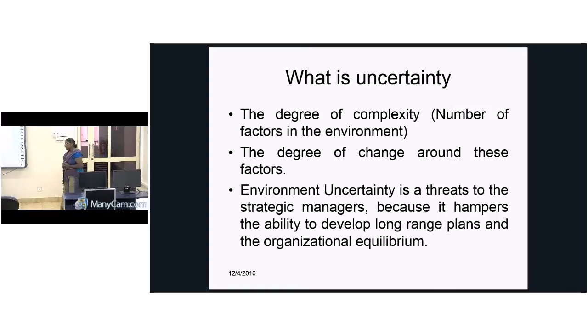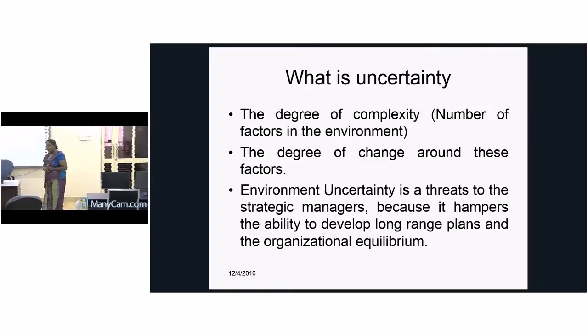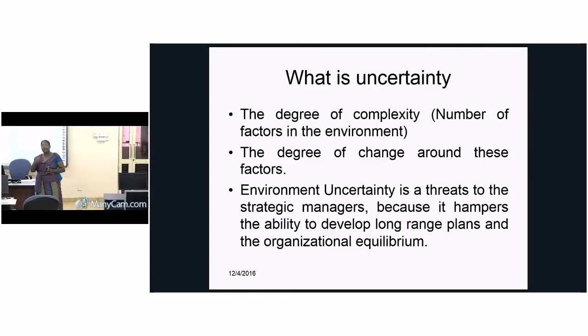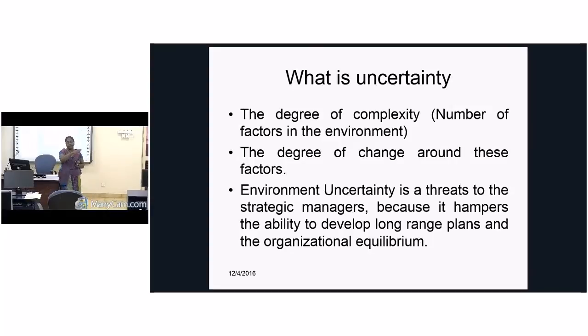Say, for a company looking at the environment, they can observe only 2-3 elements in the environment, the affecting factors. Environmental factors are the affecting factors. So the company can observe only 2-3 factors.